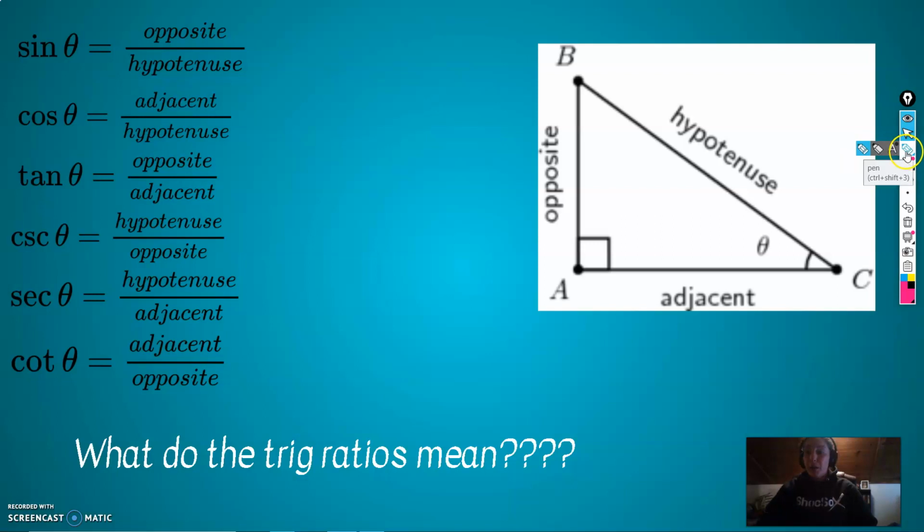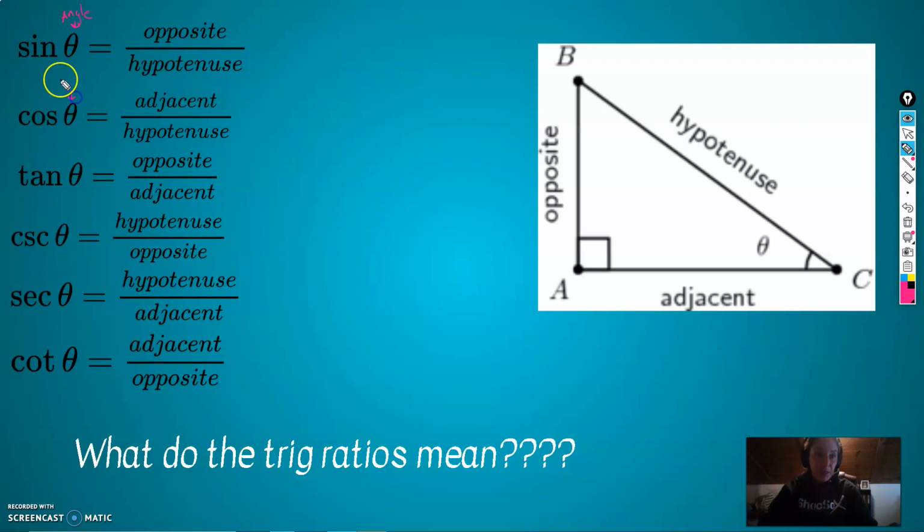So what are these trig functions? These are the 6 trig functions we have here. Notice that these are all functions, so there's an input and an output. The input here is an angle. You input into sine an angle.